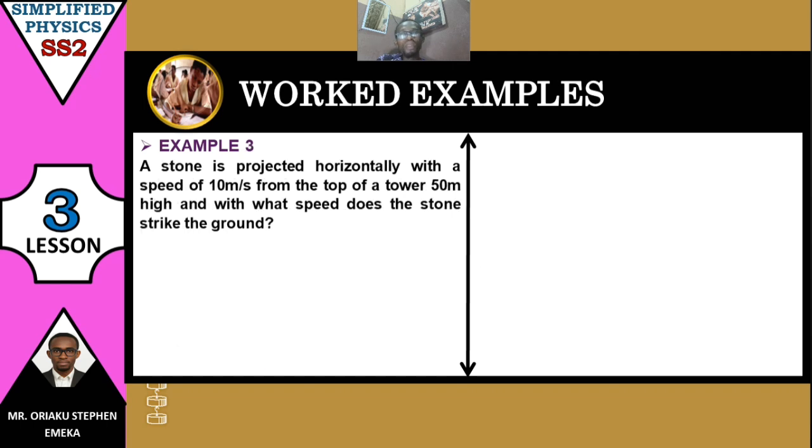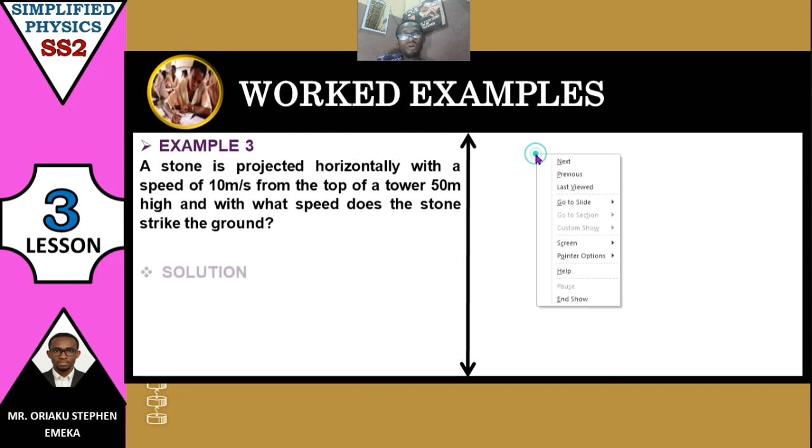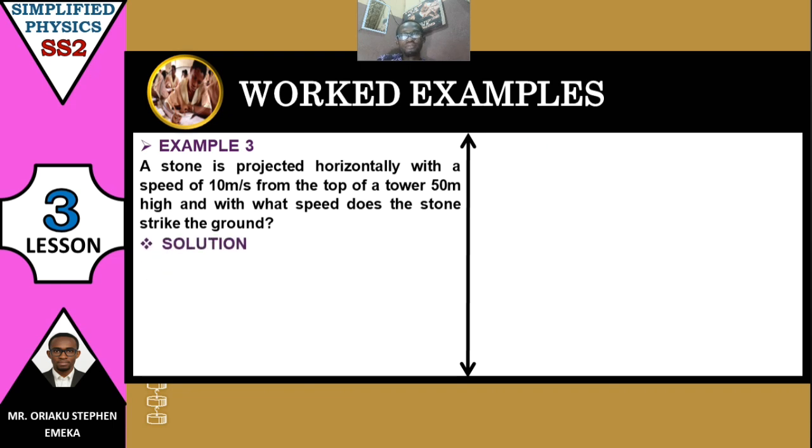Okay, third example. A stone is projected horizontally with a speed of 10 meters per second from the top of a tower. The top of the tower is the maximum height. With what speed does the stone strike the ground? For this one, we make use of this formula. Striking the ground, we are talking about the vertical speed with which it strikes the ground, because the horizontal speed is constant throughout the motion.